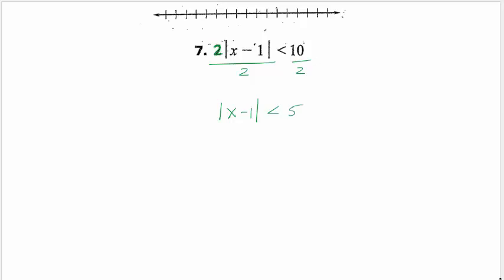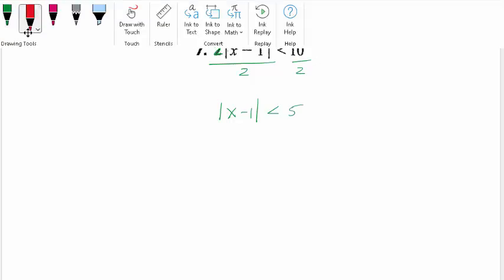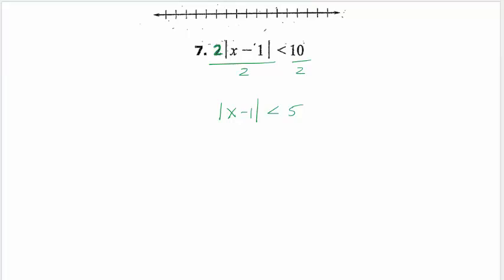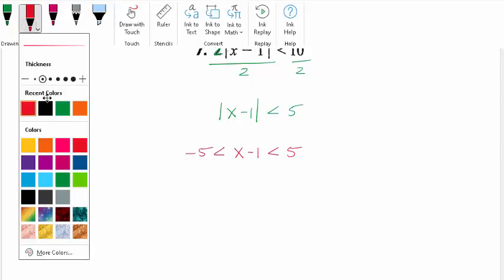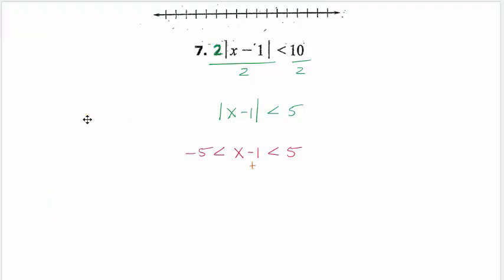Because the absolute value sign is by itself, we can set it up as x minus 1 is less than 5, and on this side, we're going to do negative 5. Now we can solve for that. So we'll add 1. So we have negative 4, x, 6. So x has to be between negative 4 and 6.